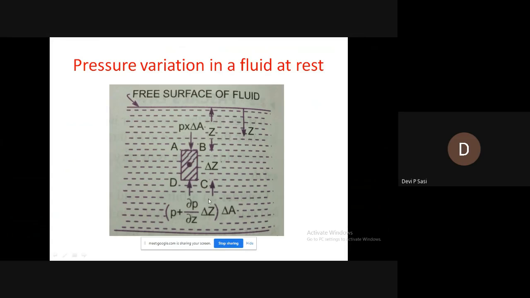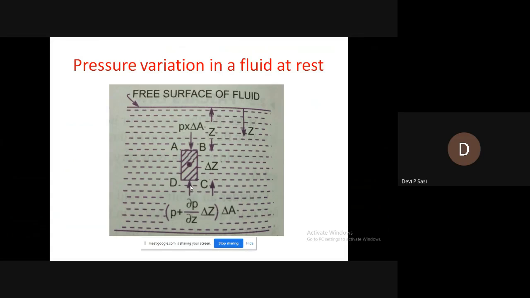Force on CD will be equal to pressure into area. The pressure on face CD is p plus dou p by dou Z into delta Z, and the area is delta A. So the pressure force will be p plus dou p by dou Z delta Z into delta A, and this force is acting in an upward direction.